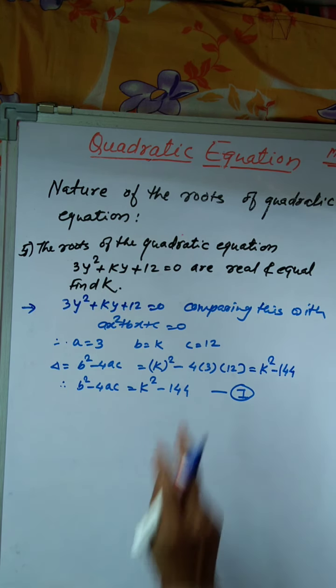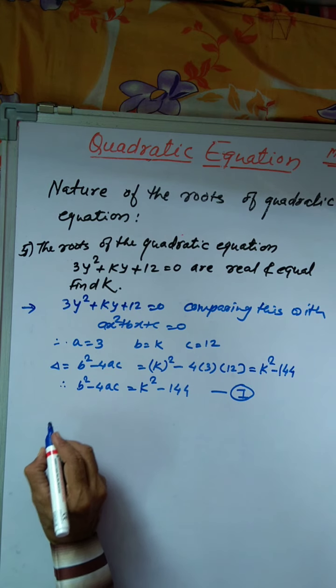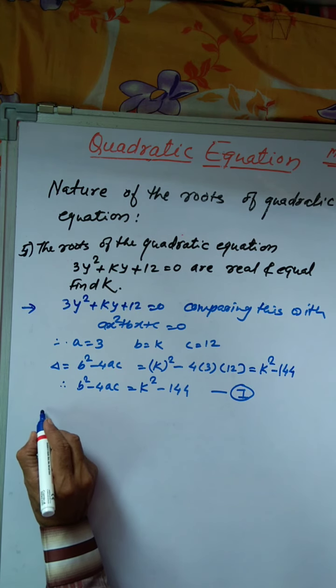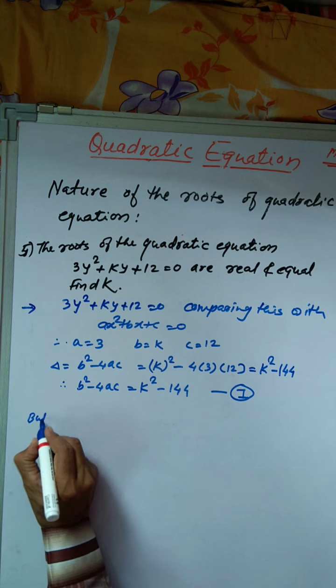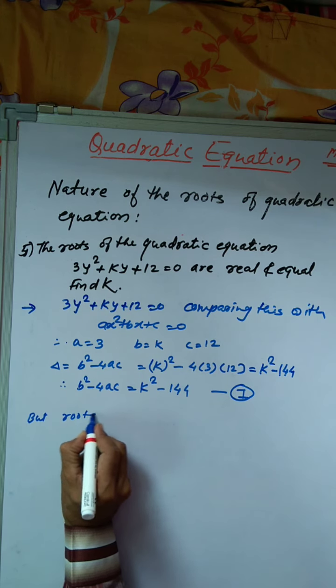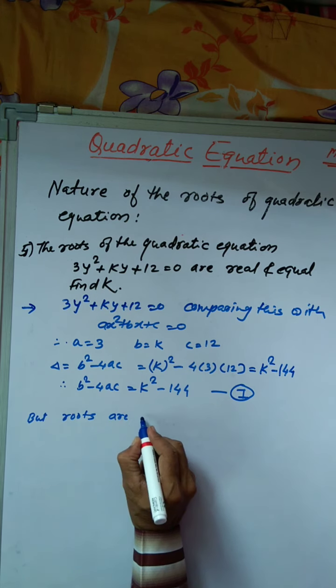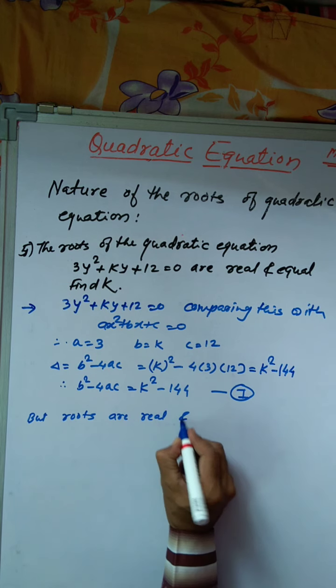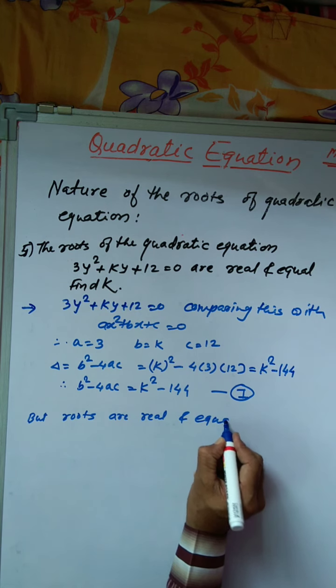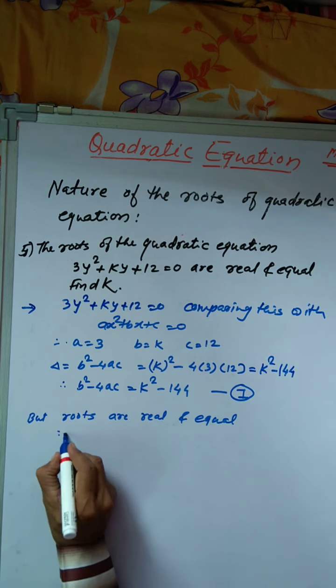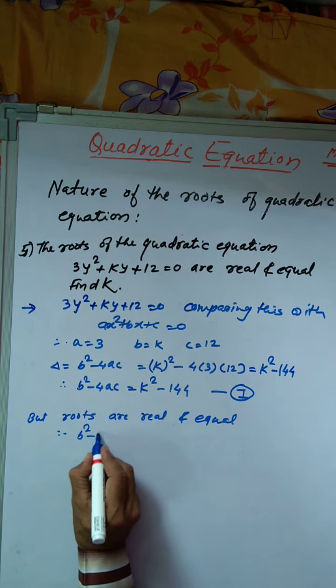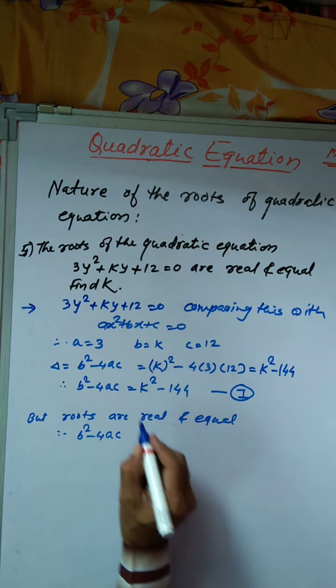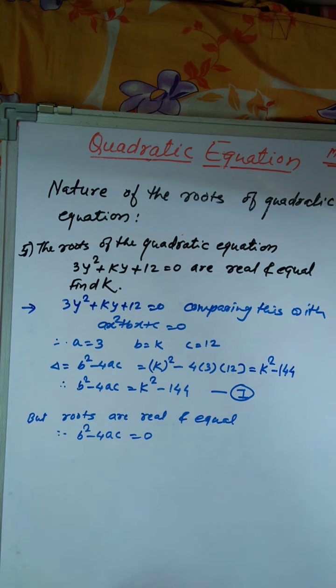But the roots are given real and equal, hence b square minus 4ac, delta, is equal to 0.